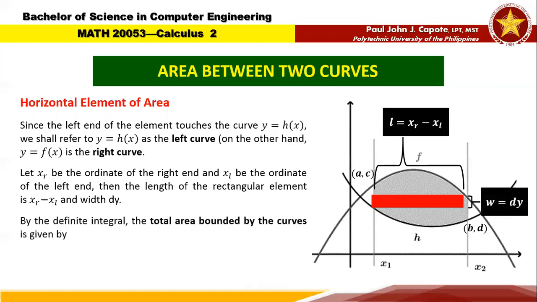By the definite integral, the total area bounded by the curves is given by A is equal to the definite integral of x sub r minus x sub l dy from c to d. So this is our general formula if we apply horizontal element of area in finding the area between two intersecting curves.